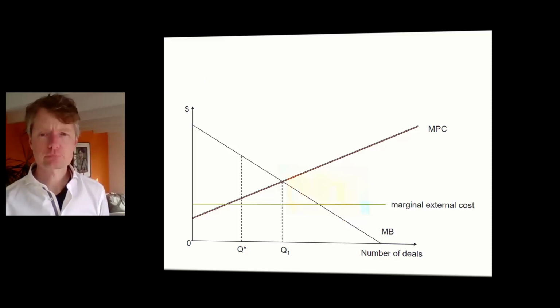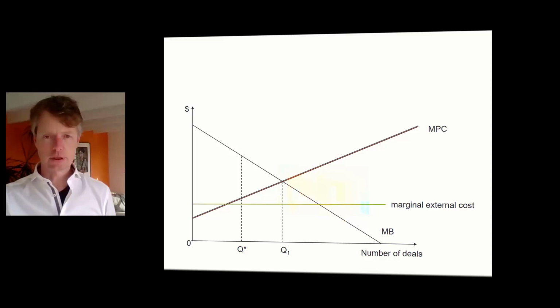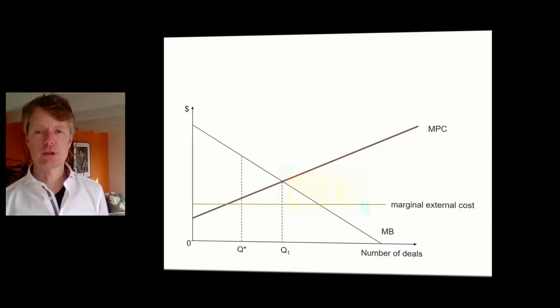Now, the trouble in round 2 was that we had this negative externality from production, which is actually a flat curve, because it's $20 in damage to society for every deal made. So this is the marginal external cost.